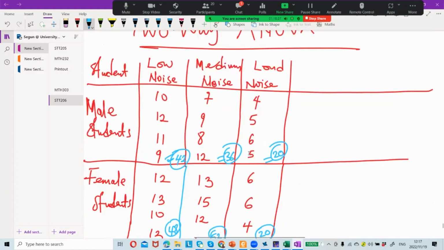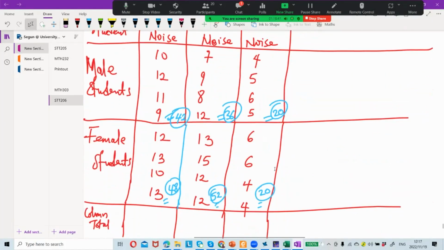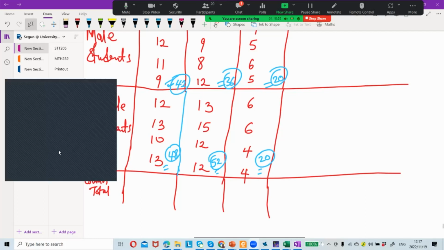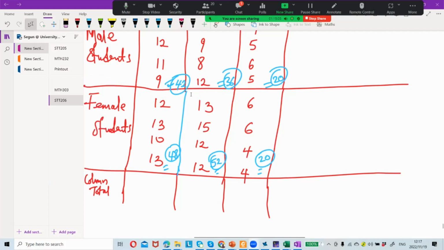Now we want, that is column. What you do is give me the total of circle 1 for each column. This is the column. Please mute yourself if you know you are making noise. If your mic is not good, please just mute. So 42 plus 48, what's the answer? 90, sir.